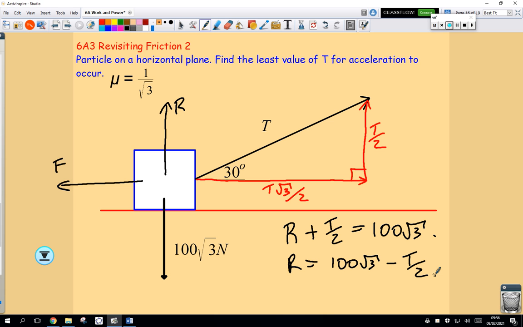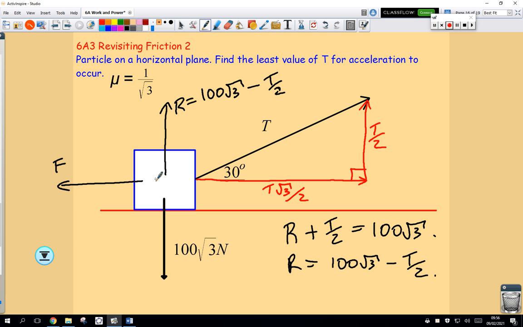It's in terms of T, meaning as T changes, so too does my normal reaction. So as T gets bigger, the normal reaction is getting smaller, and that should make sense, because as T is getting bigger, that's creating a bigger lift and reducing the pressure, the force between the particle and the horizontal plane.